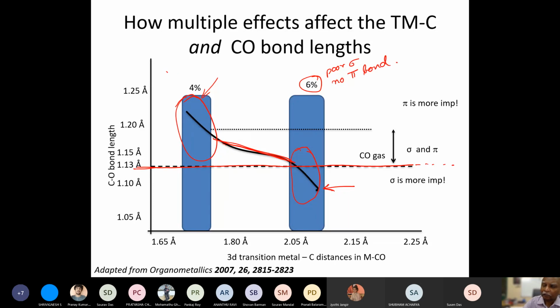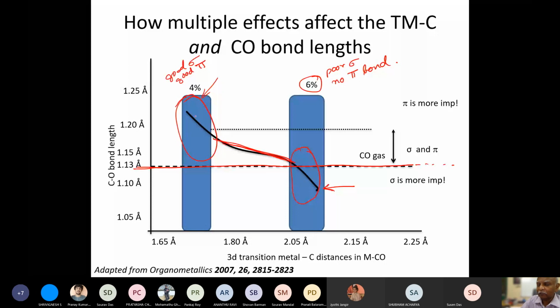Here I have a very strong, very good sigma bond and good pi bond. And this pi bond is now very strong.